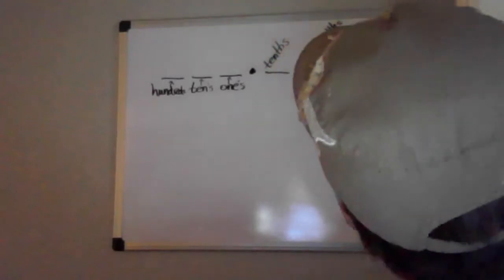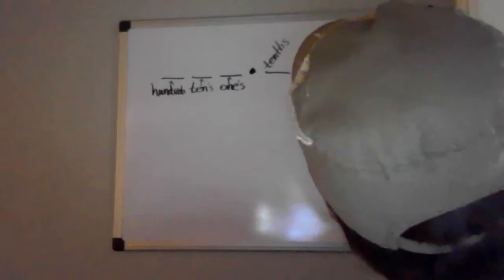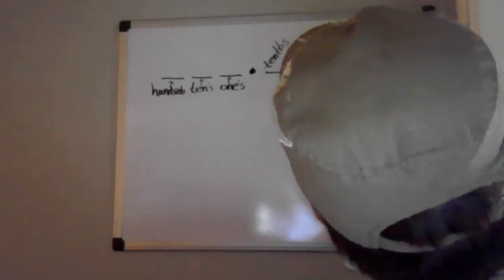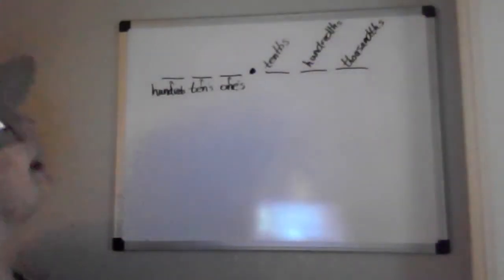And then the thousandths. Now it's important for you to learn these, because later on in your problems, they will ask you to round to the nearest hundredths or the nearest tenths or the nearest ones place.